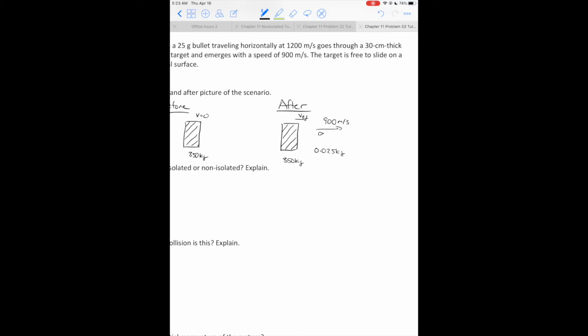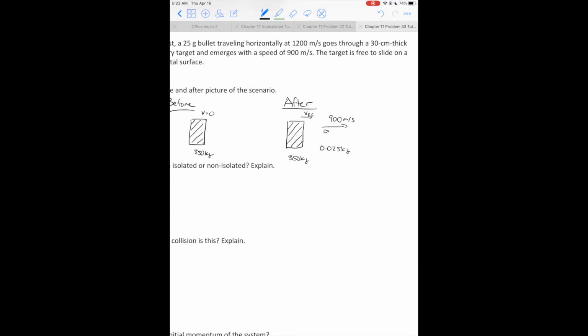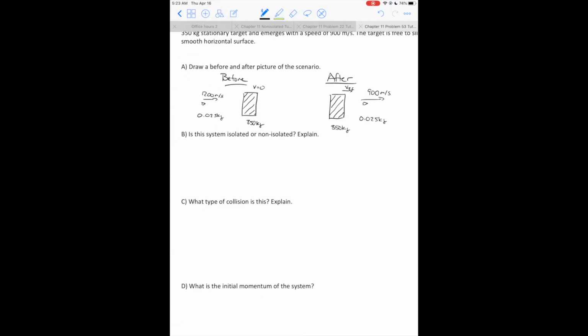Common sense, from being on this earth for somewhere between 18 to 20-ish years, tells everyone in this course that if the bullet goes through this target, the target is going to move in the same direction as the bullet. So this is our before and after.